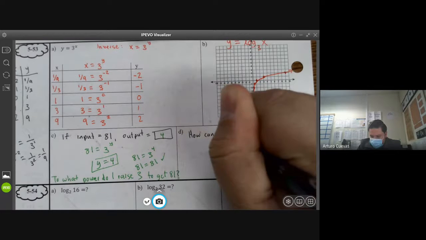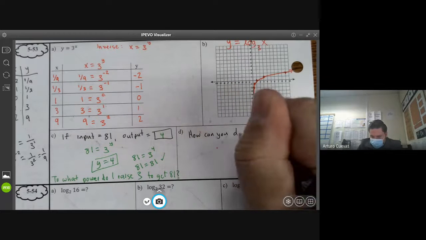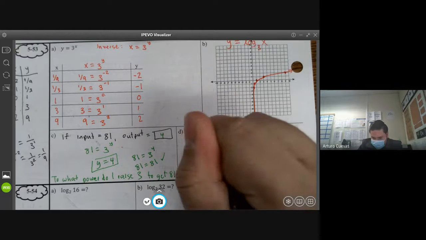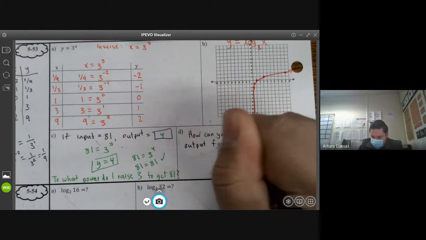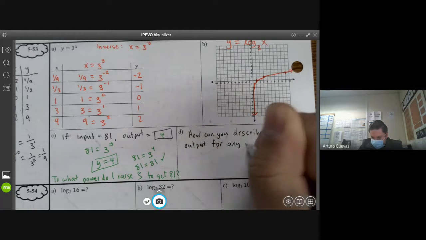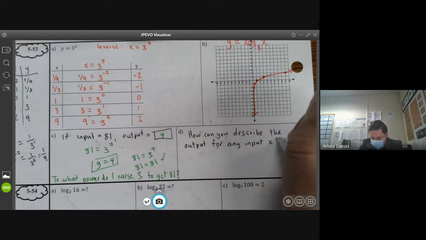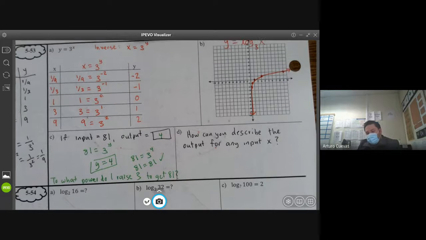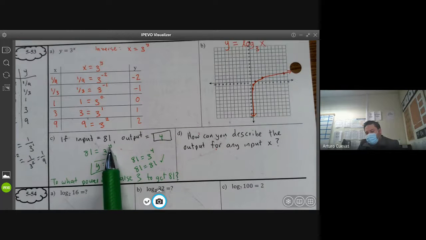How can you describe the output for any input x? Okay. So how can we describe this y value? The y value is always going to be the power that we raise 3 to get that number. The power that we raise this number by to get the other number.